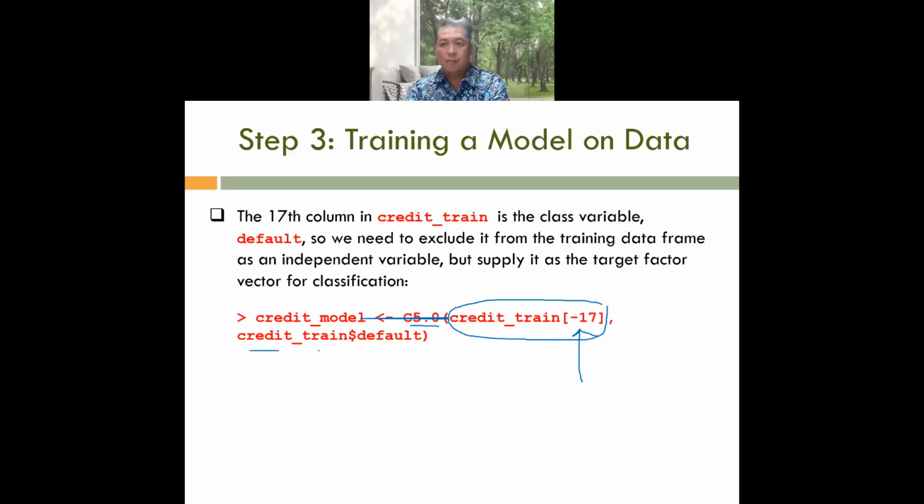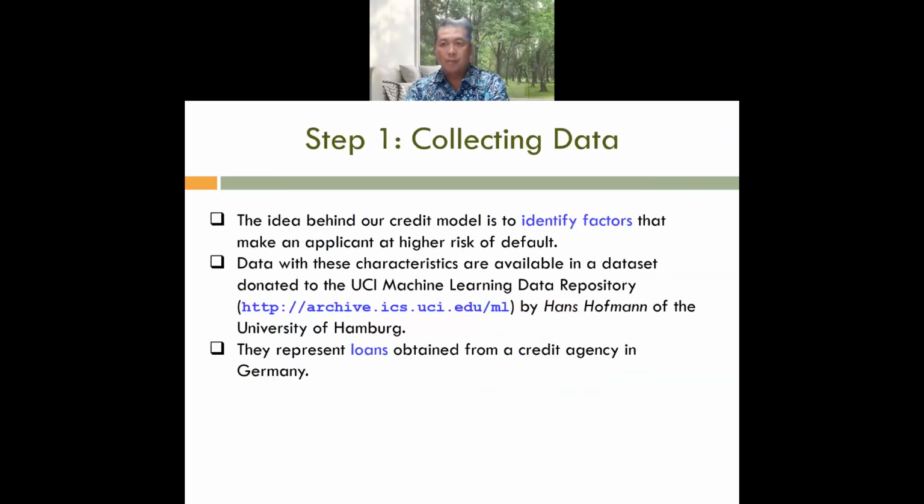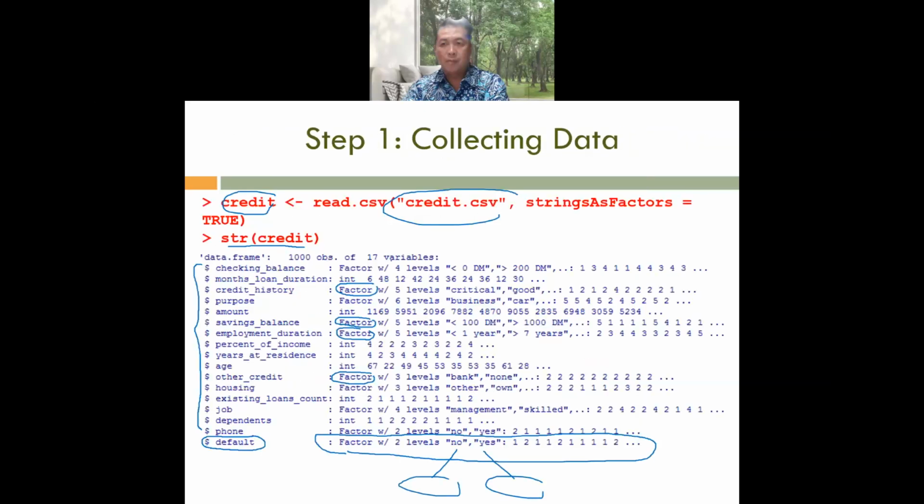The next parameter requires the class label here. Okay, so let me remind you again here. Remember that we have 17 variables here. We'll give all of these 17 features as the data set.